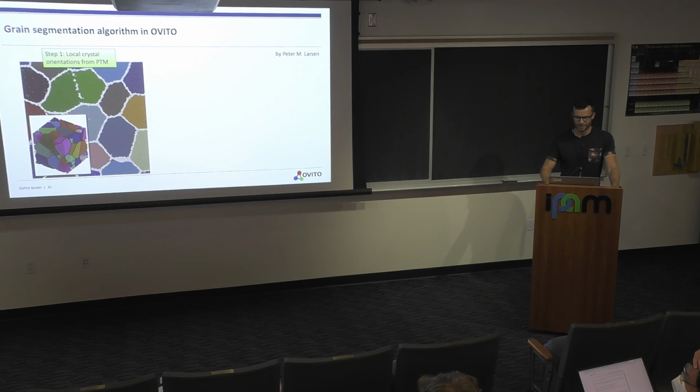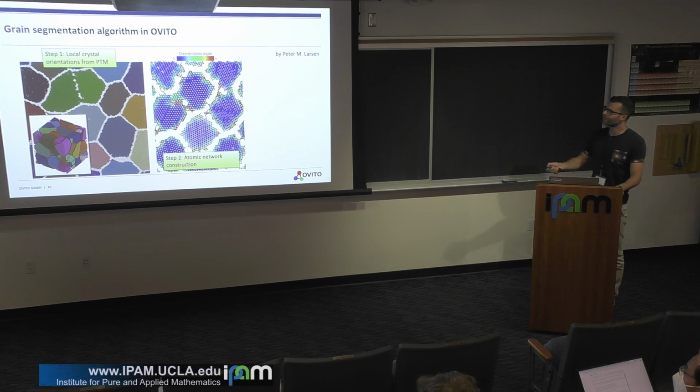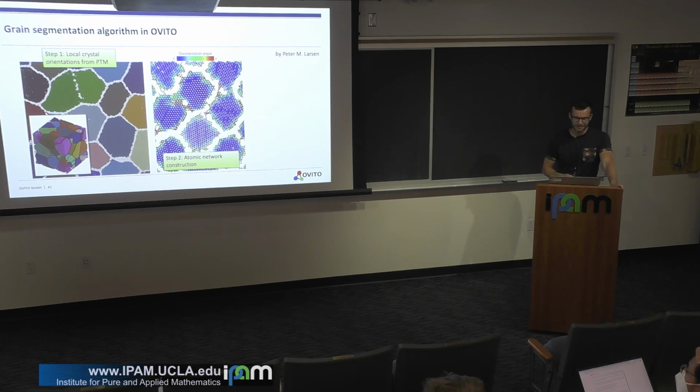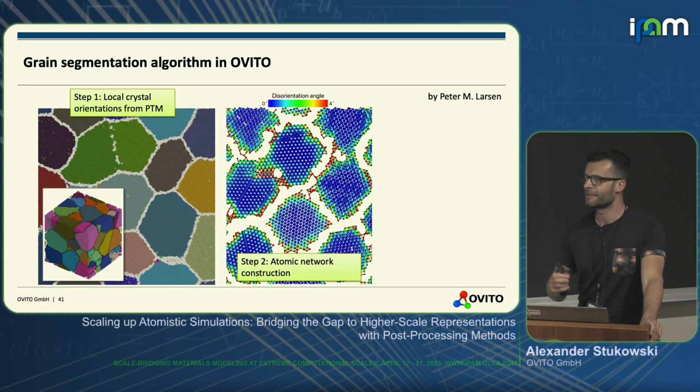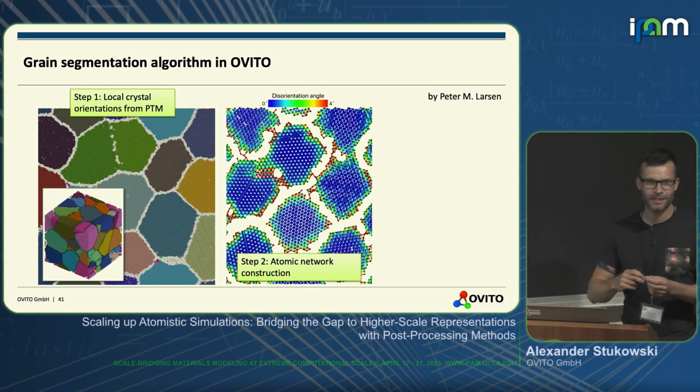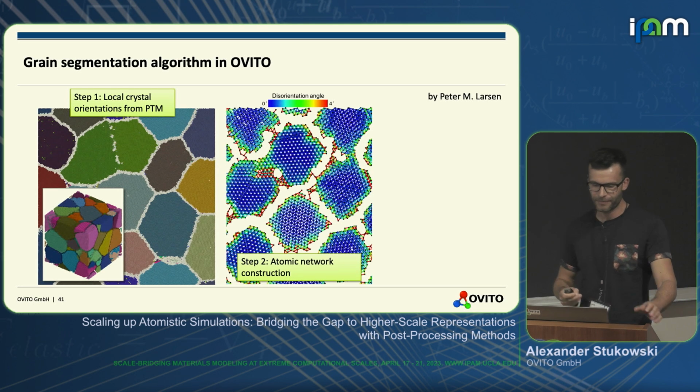And how does that work? So it transforms the atomistic system into a graph representation, which is suggested here. Each crystalline atom represents one node, and they are connected by neighbor edges. These edges are assigned weights that measure the local misorientation to neighboring atoms.